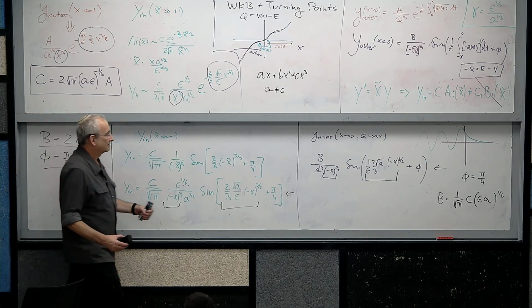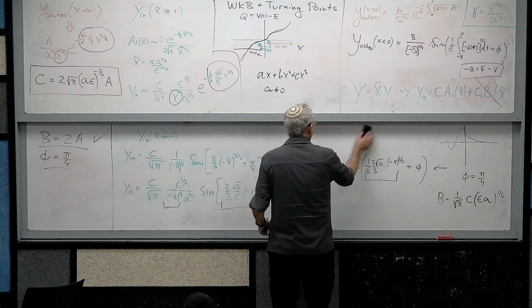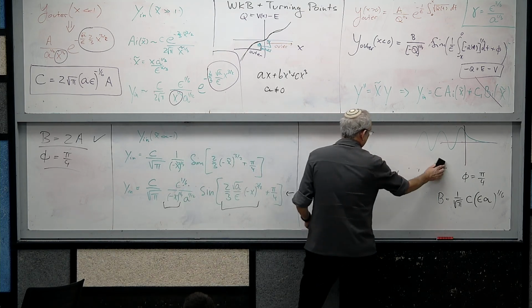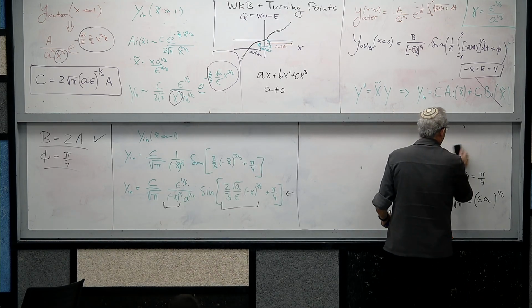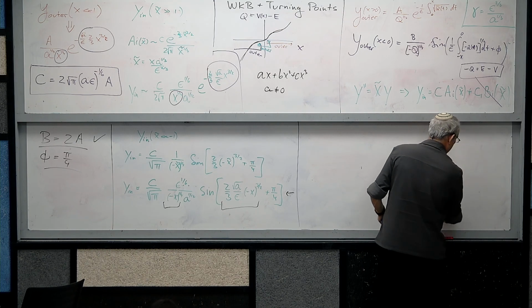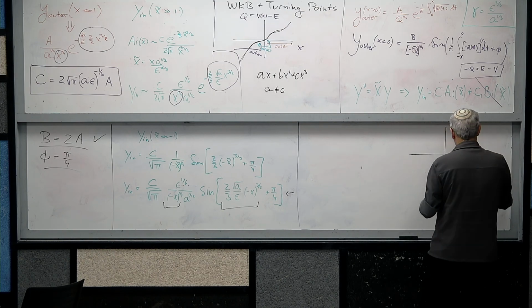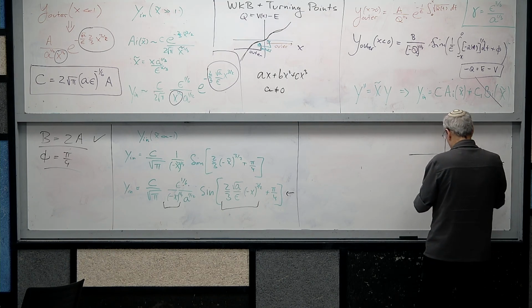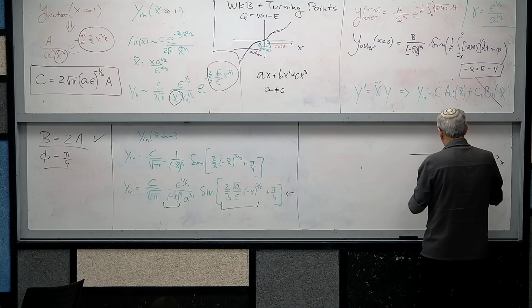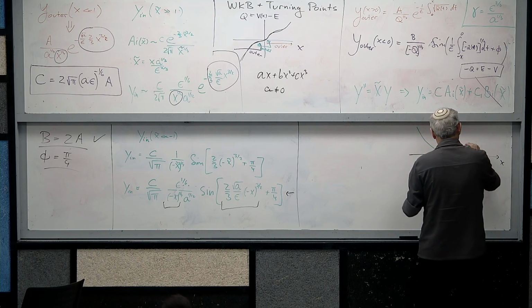Okay, let's plot for ourselves the potential of the harmonic oscillator. Right? Here is x. Here is V of x.